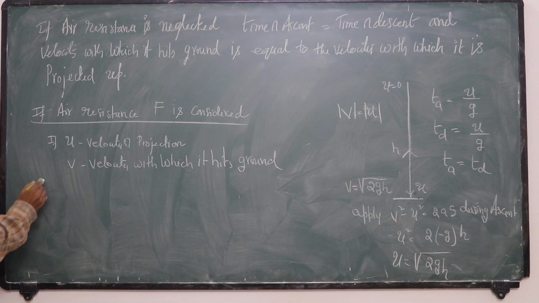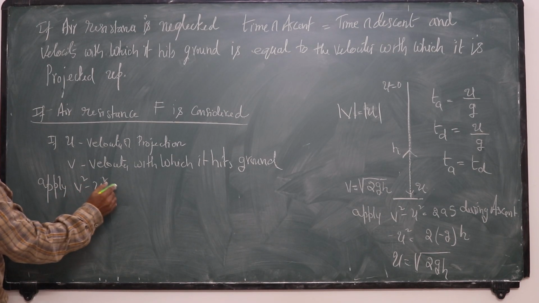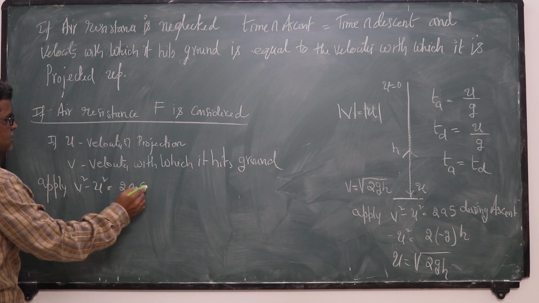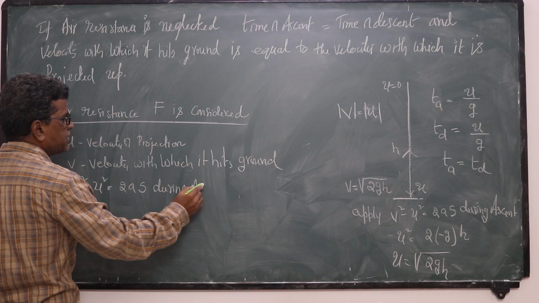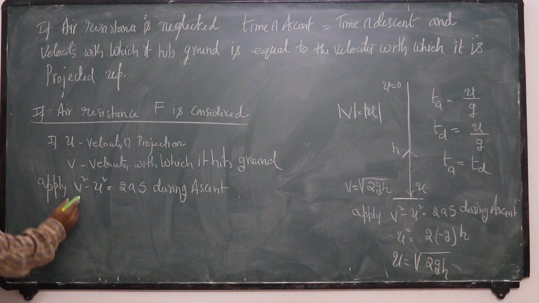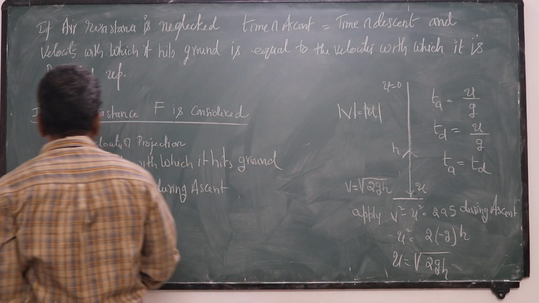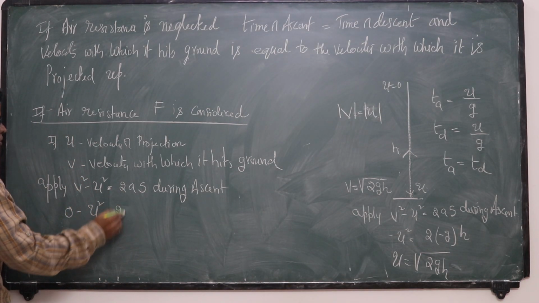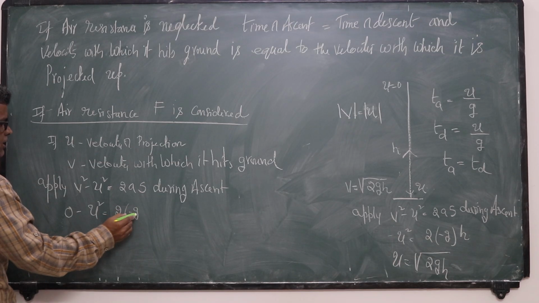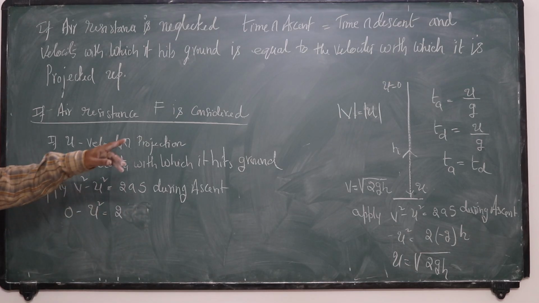So you apply v square minus u square is equal to 2as during ascent. So what you will get? During ascent v square is 0, because after reaching maximum height its velocity becomes 0. So initial velocity u square, 2a, acceleration is minus g, but here the acceleration will change.